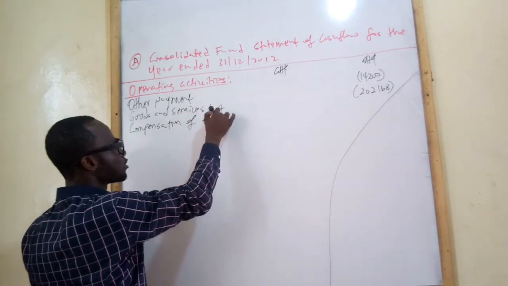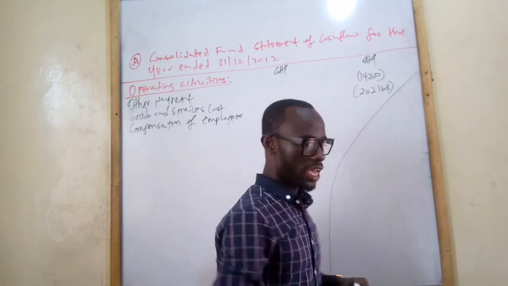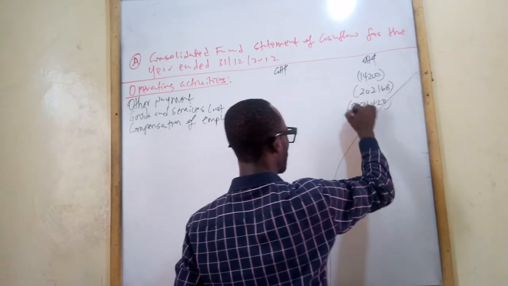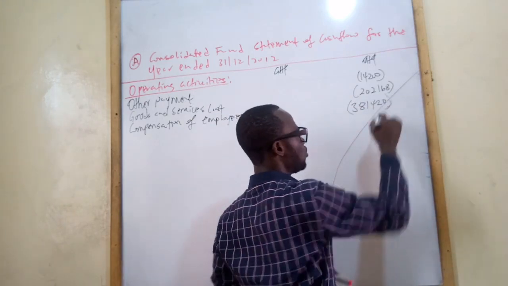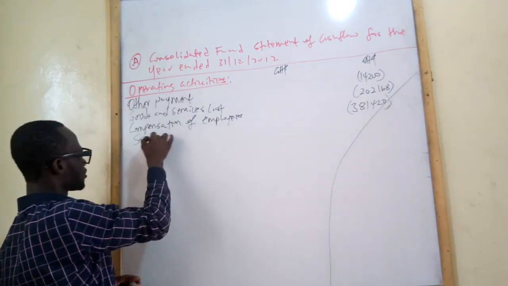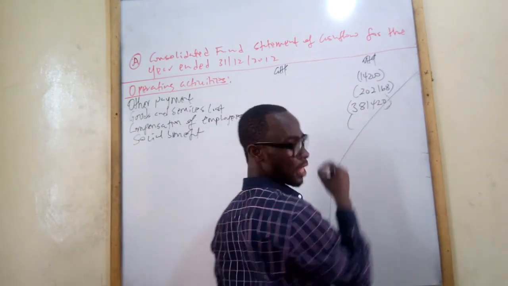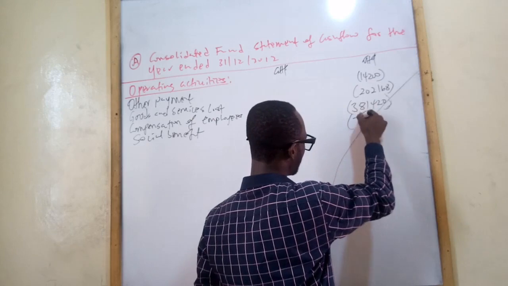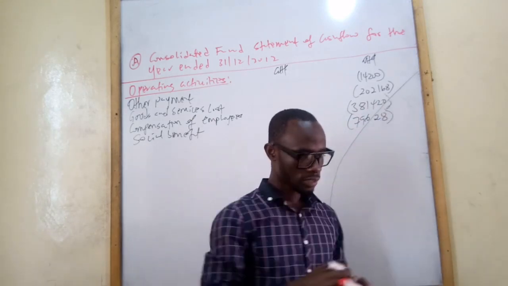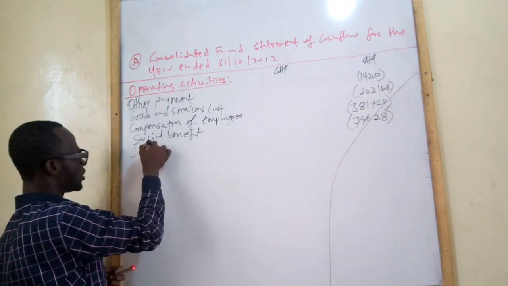And that is given to us as 381,420, and that is also a cash outflow. Then we are also given social benefits. Social benefit is also an expenditure, and it's also a cash outflow of 79,628.